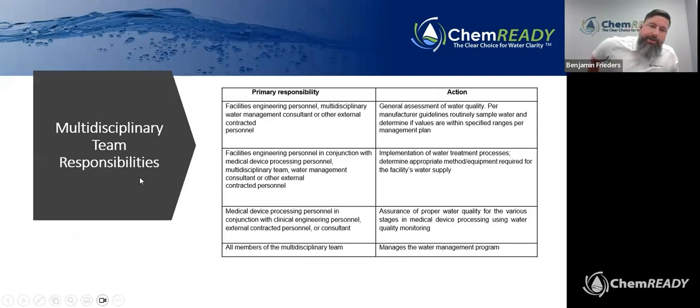And what are the responsibilities? So the responsibilities are as follows. Facilities engineer personnel, multidisciplinary water management consultant or other contracted personnel. They are responsible and their actions are the general assessment of the water quality. So they should routinely sample water and determine if those values are within the range of the water management plan and per the ST108 standard.